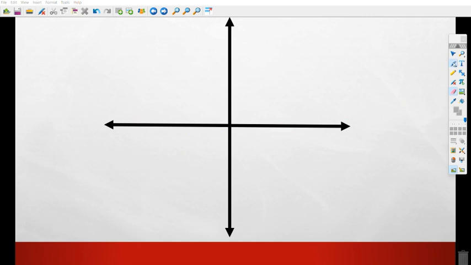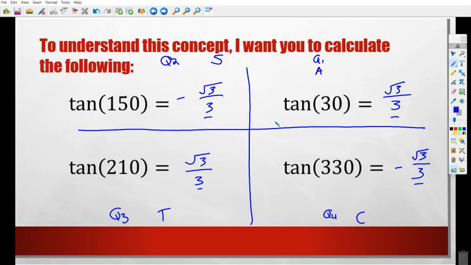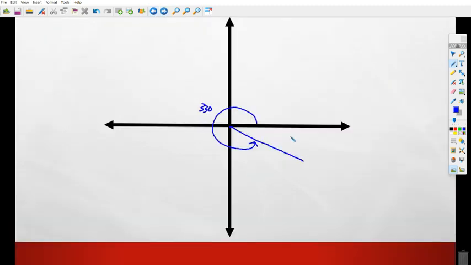So if I go back, I'm going to draw a line over here, and I'm going to tell you that I drew that line at 330 degrees. Now I'm going to deal with this last one, 330 degrees. How far is this line from the horizontal? I'm going to start using that terminology now.